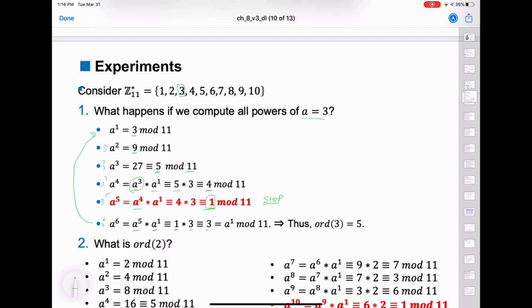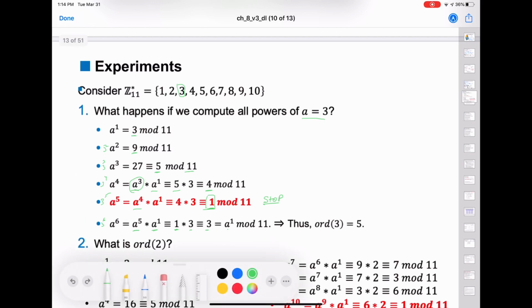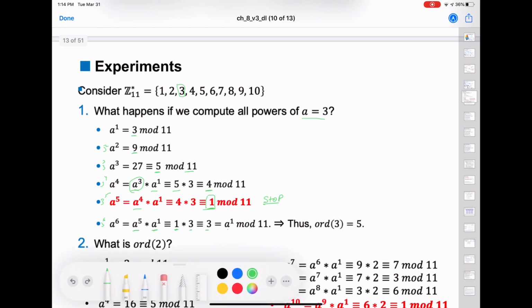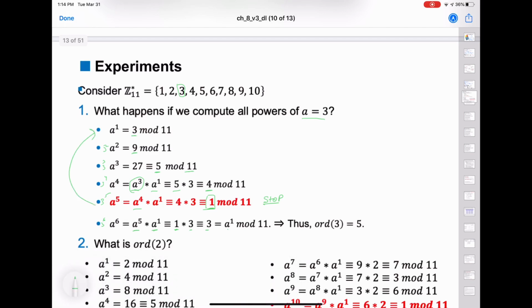You are going back to this number. Differently said, after you have 3 to the power of 5, you are going back to this number again, and it will rotate. So we have to stop as soon as we get the identity.